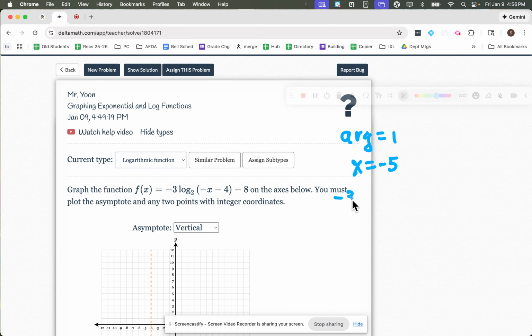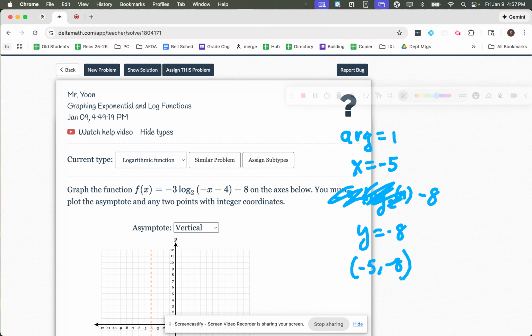So when I do that, it's going to be -3 log base 2 of 1 minus 8. That's going to be my y. Well, the nice thing about this is that this goes away. That's 0. -3 times 0 is 0. 0 minus 8 is, well, our y is -8. So we want to plot this point next.